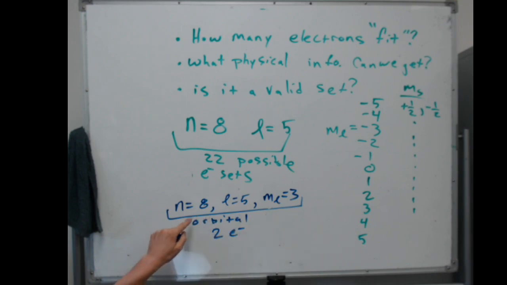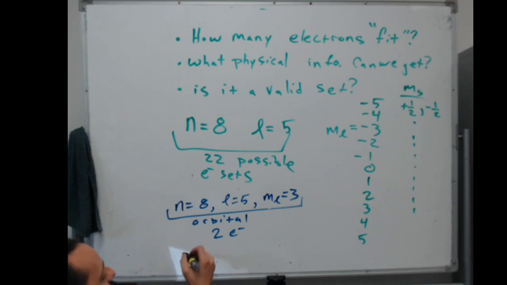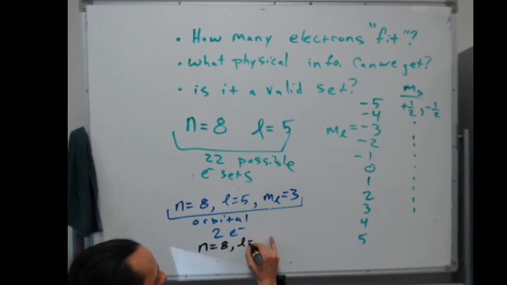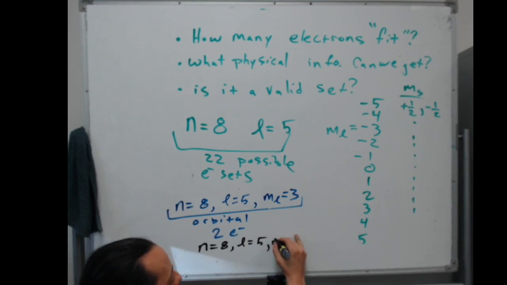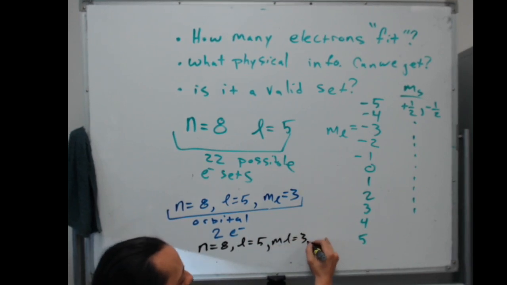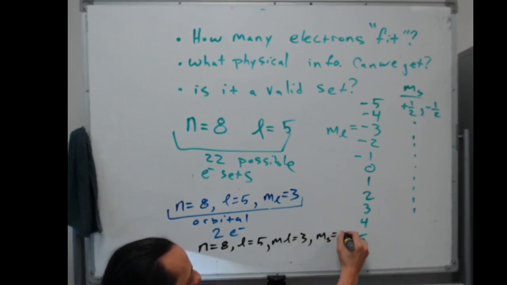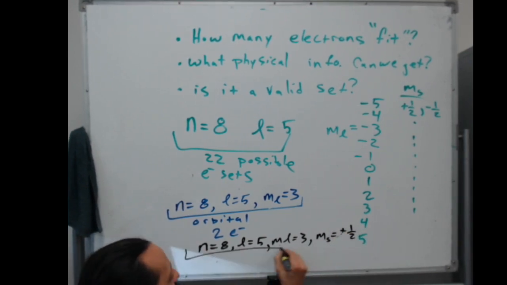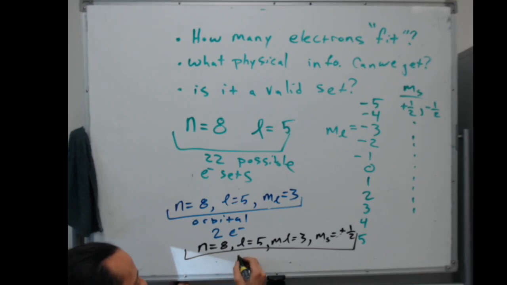I specified all 3 quantum numbers, so you could have 2 electrons fill that. Or you could go even further: n equals 8, L equals 5, m sub L equals 3, m sub S equals plus 1/2. And this would be specifying a single electron.